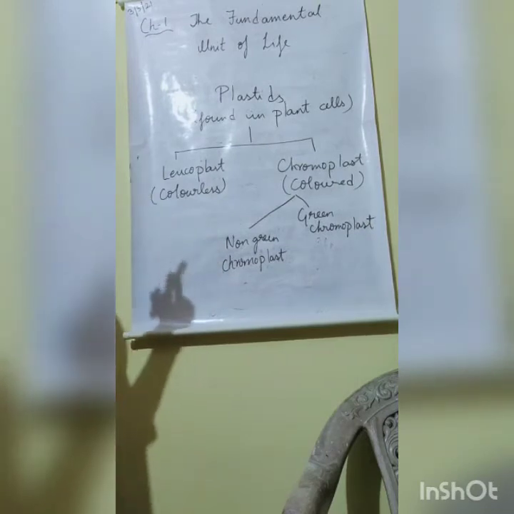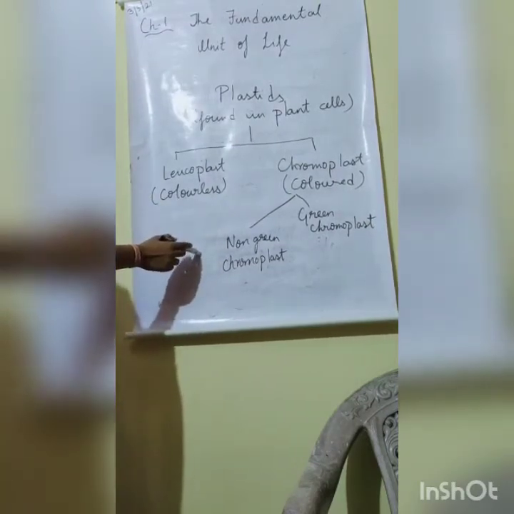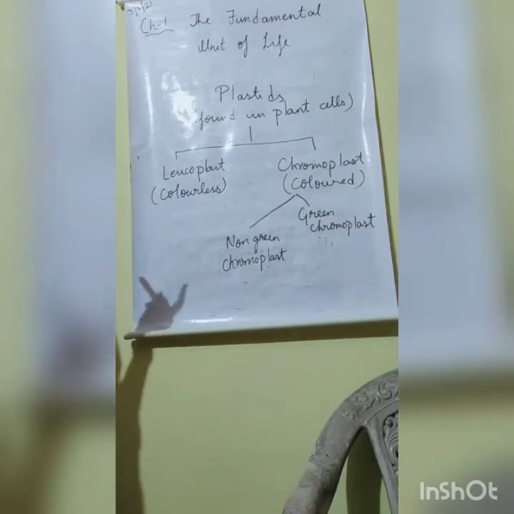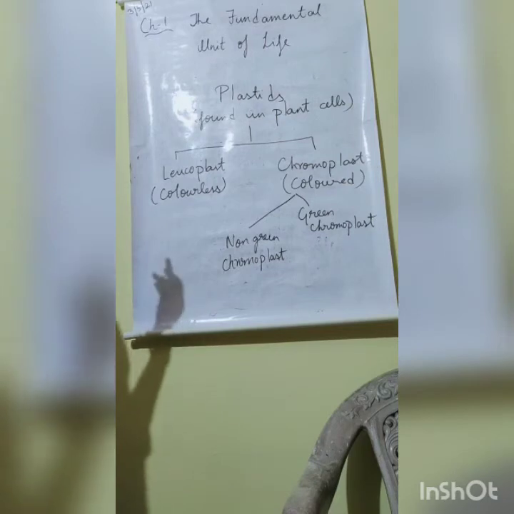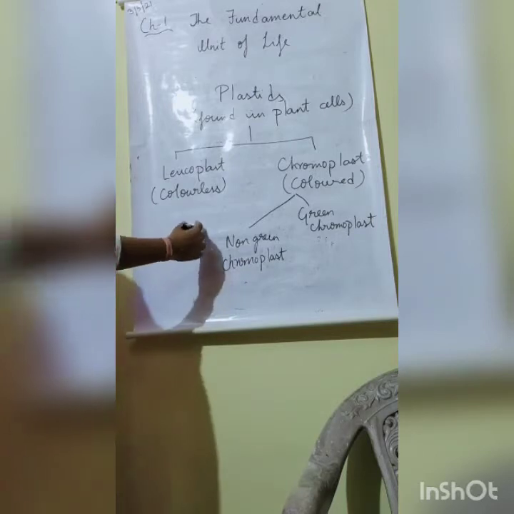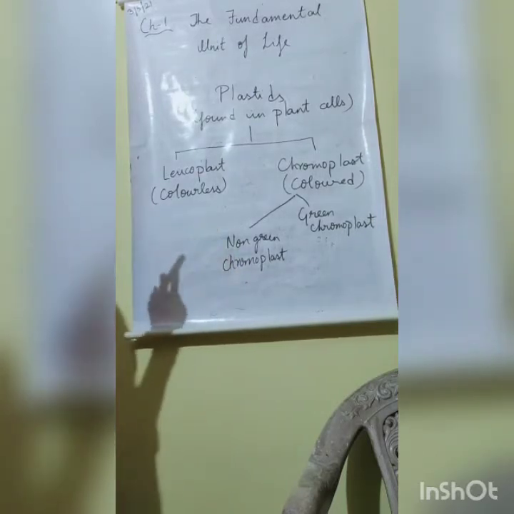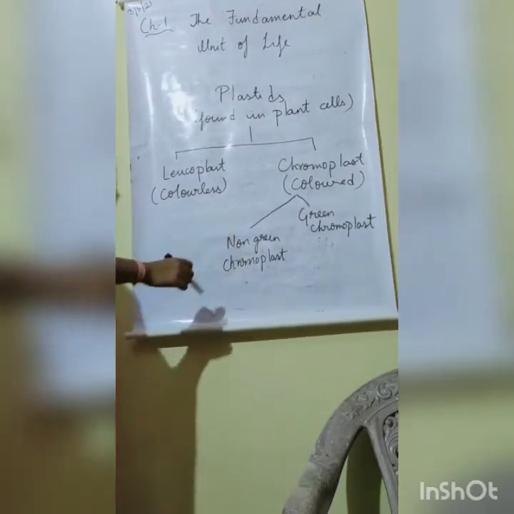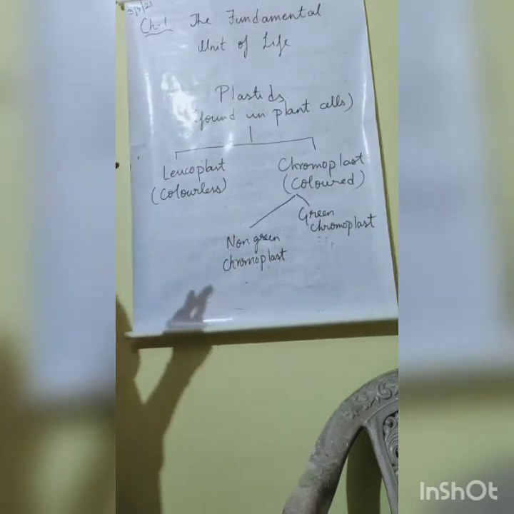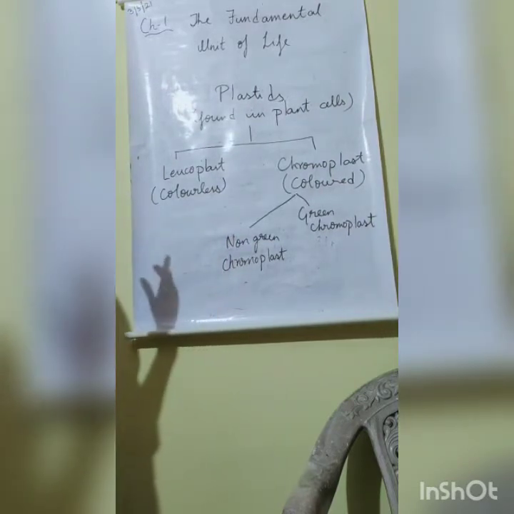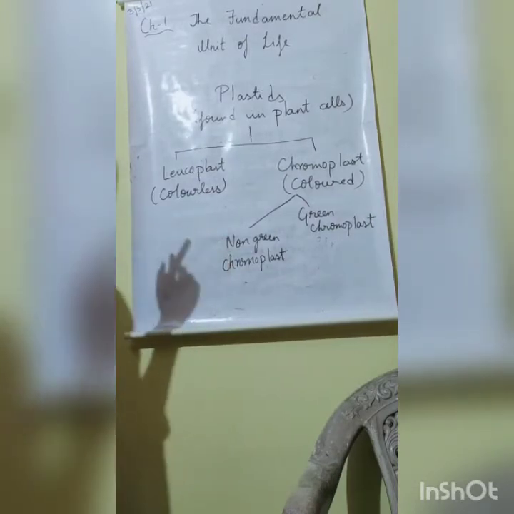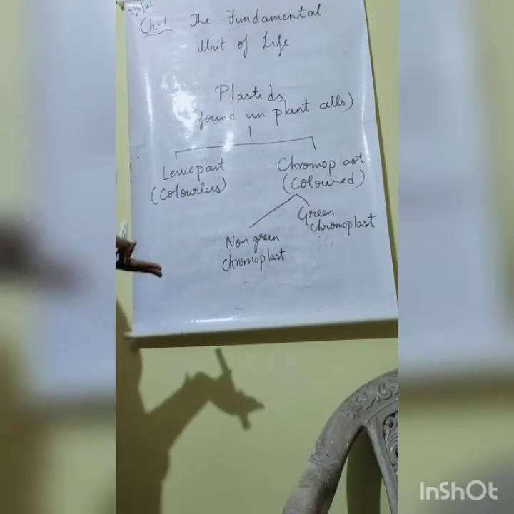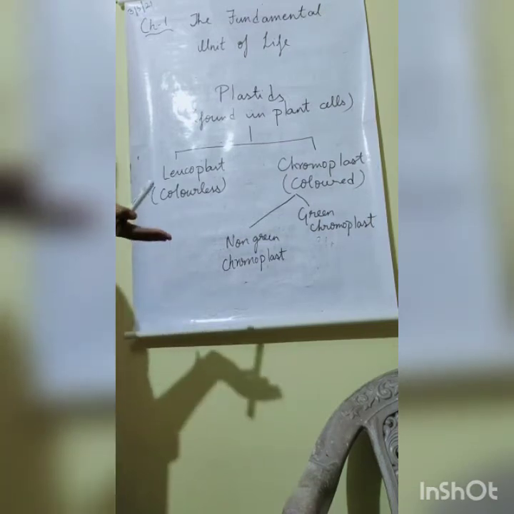Non-green chromoplasts are those chromoplasts that contain colored pigments, for example red, yellow, orange, etc. These non-green chromoplasts are found in flowers, fruits and roots of higher plants.